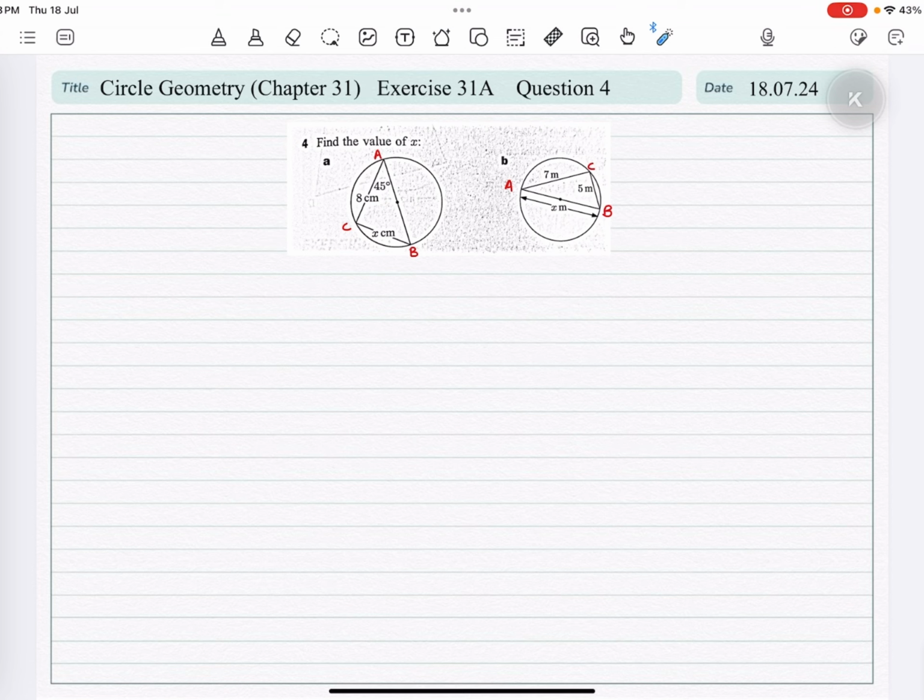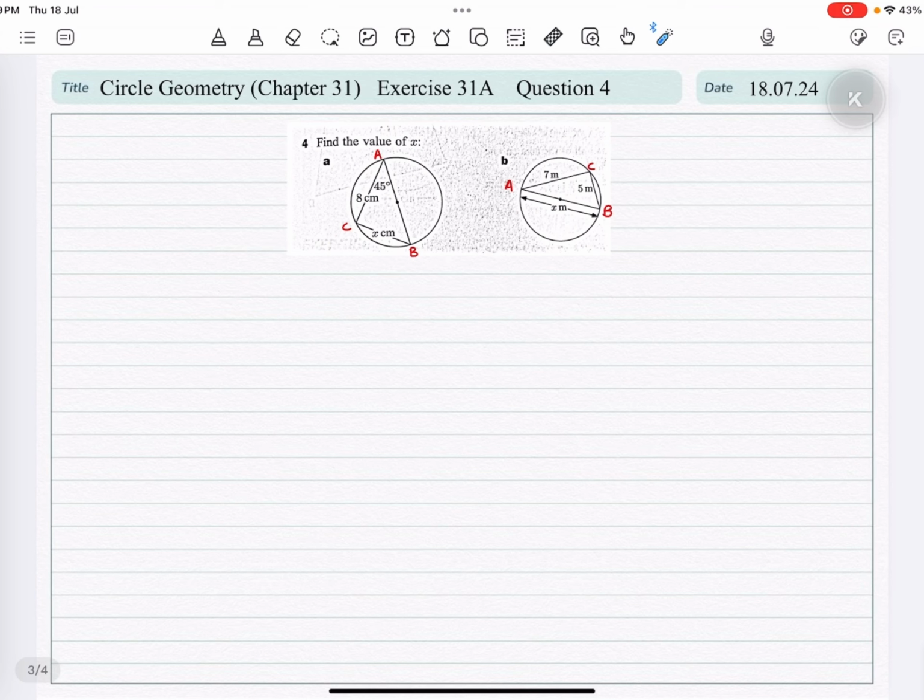Or, if this is 90 and this is 45, what would this angle be? 45 plus 90 plus this angle is equal to 180, so this angle would be 45. And if we look closely, 45 and 45 give us an isosceles triangle, so this side will be equal to this side, and then x is equal to 8.